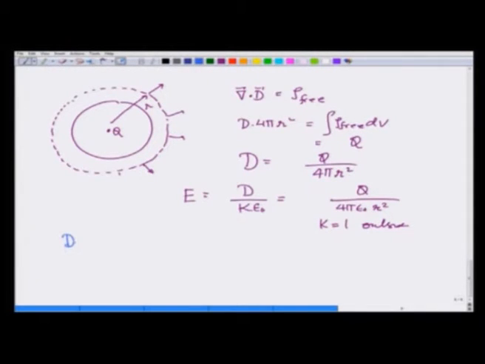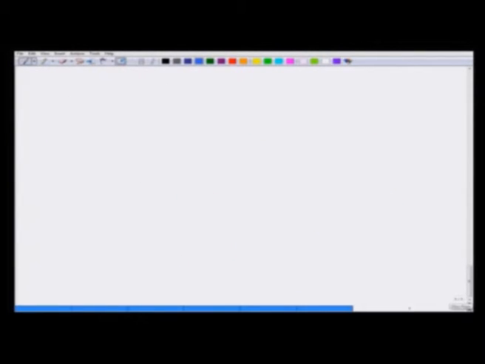How about D inside? D inside is still the same, q over 4 pi r square, because if I take this Gaussian surface inside, this is the D I am going to get. But now E is going to be different. Let me write E vector now: it is going to be q over 4 pi epsilon 0 k r square in the r direction.